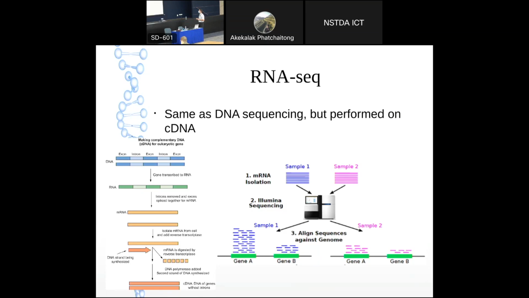So to make cDNA, we then use the messenger RNA as a template and transcribe it into DNA, giving us double-stranded DNA that represents this messenger RNA. And this is then sequenced on usually a short-read sequencer like Illumina, and then we can map the resulting sequence back to the genes that they were transcribed from.